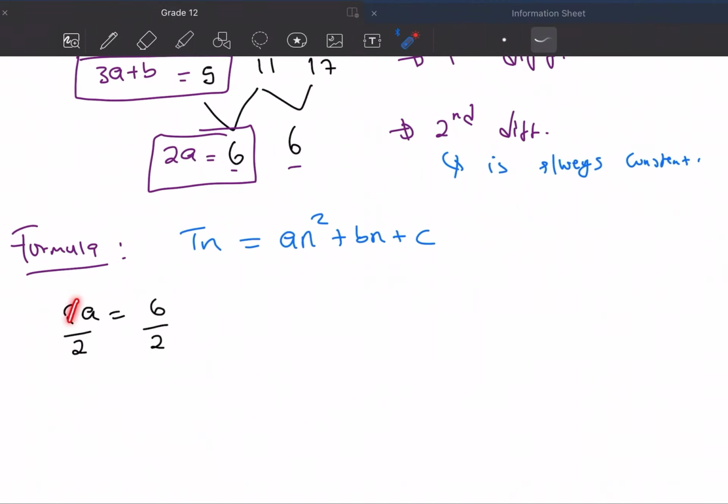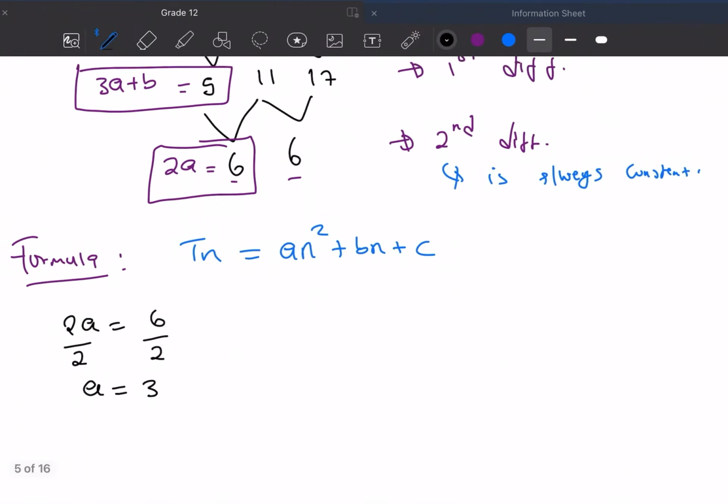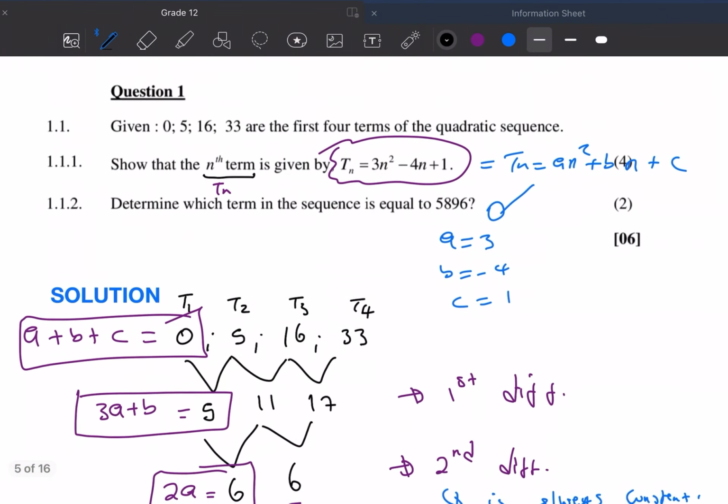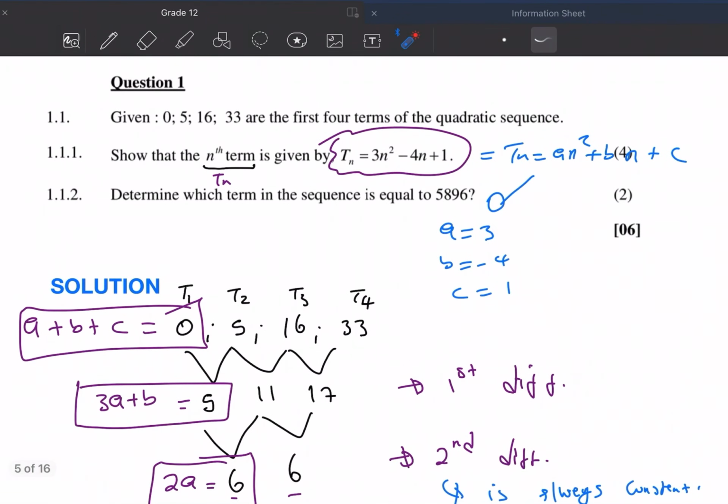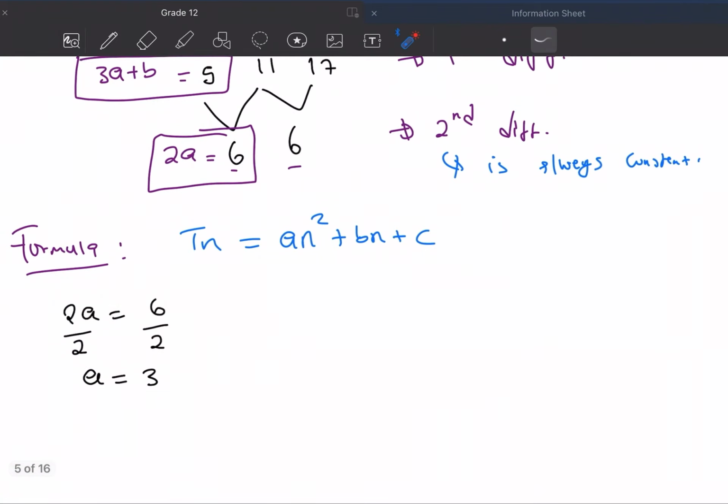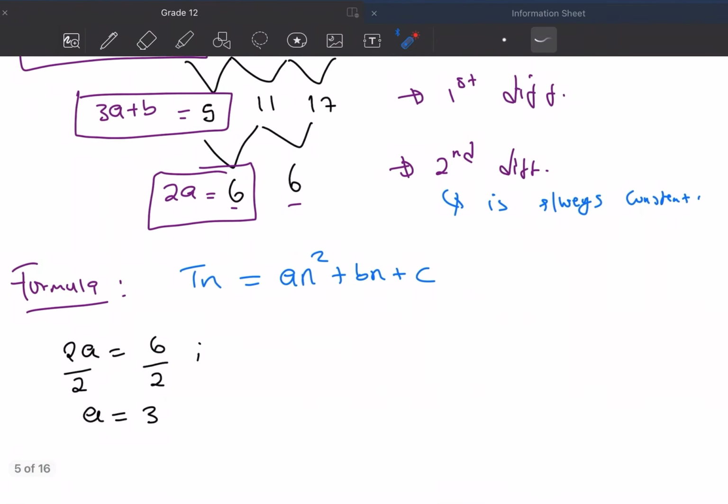Then 2a over 2 is a, so you're going to have a is equal to 6 over 2, that is 3. So a is 3. Okay, so that's exactly what we're trying to prove here.